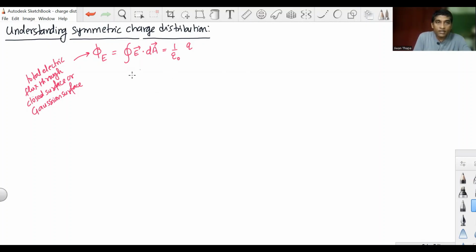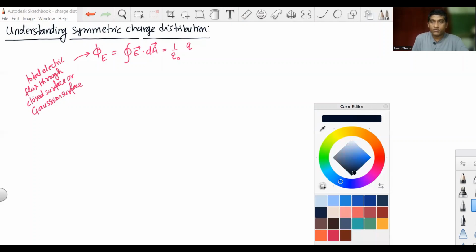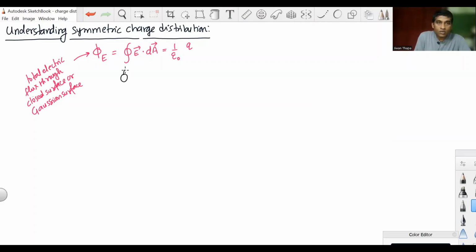So we can rewrite this equation in this way. Okay, so I'm changing the color. Surface integral of electric field throughout the closed surface equals Q by epsilon naught, or epsilon 0. Clear?